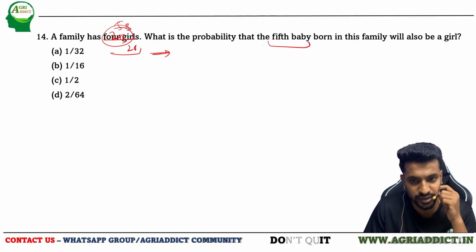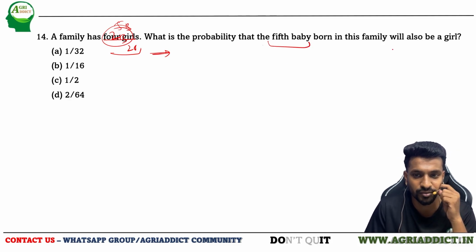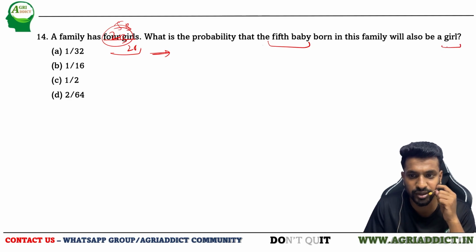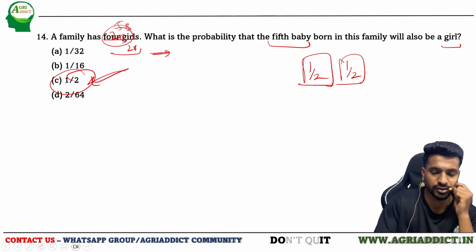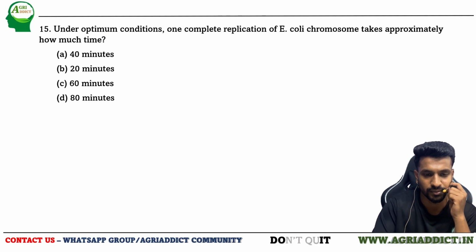So in the 5th case also, the 5th child in the family being a girl, I told you whether it is boy or girl, the probabilities will be 1 by 2 and 1 by 2. So the answer would be 1 by 2 here. So you need not get confused with this.